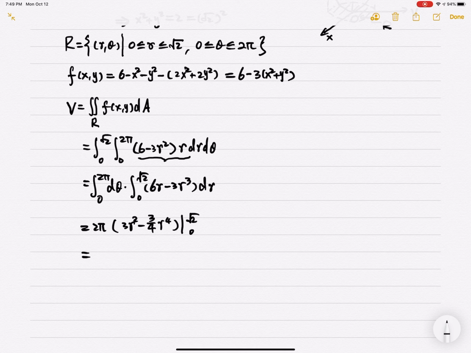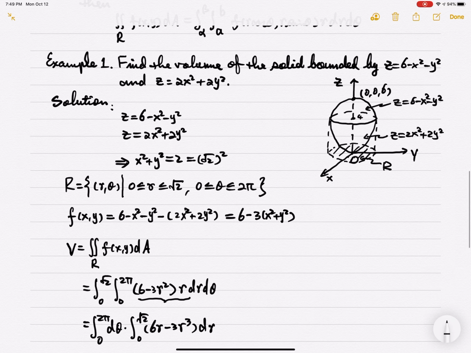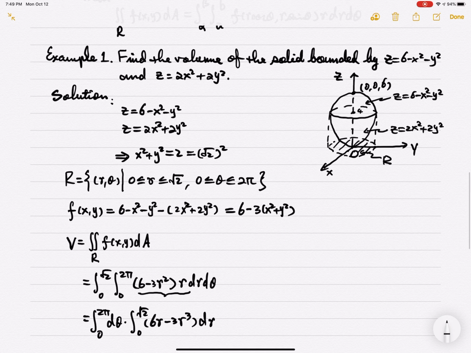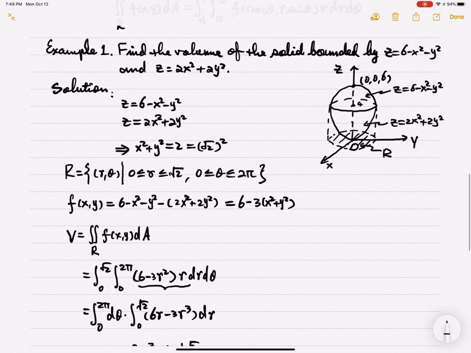Now root 2 in the first term gives 6, minus the second term: root 2 to the fourth is 4, so that's 3. So this is 3 times 2 pi, which is equal to 6 pi. So that's the volume. Now, if you don't use polar coordinates, it's going to be much harder.